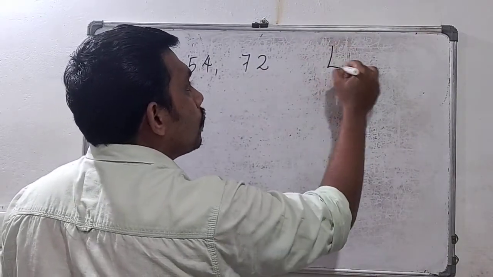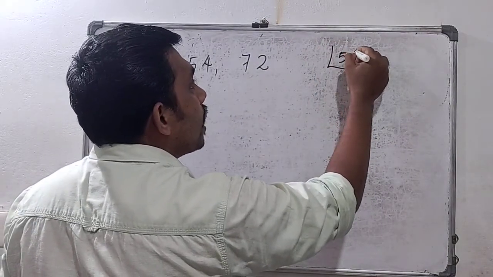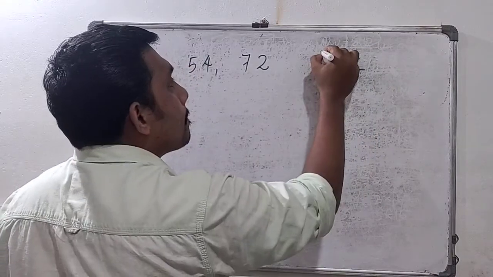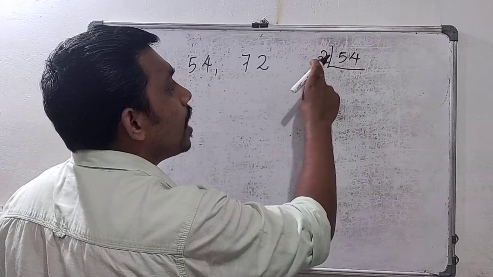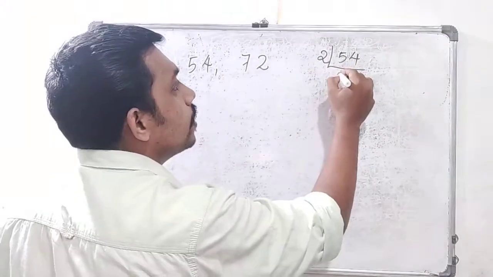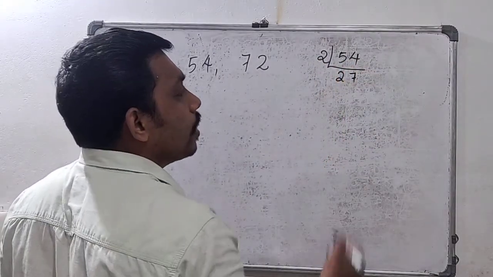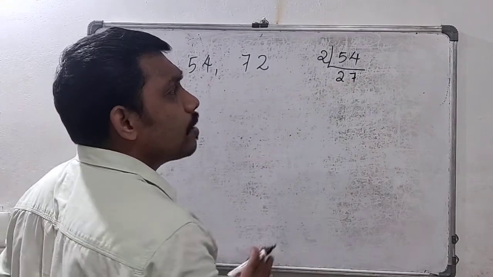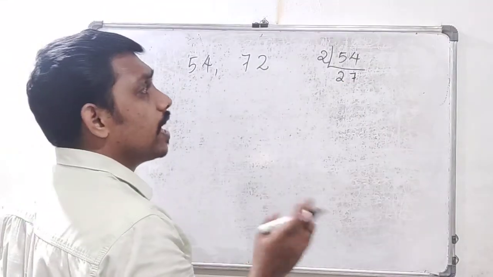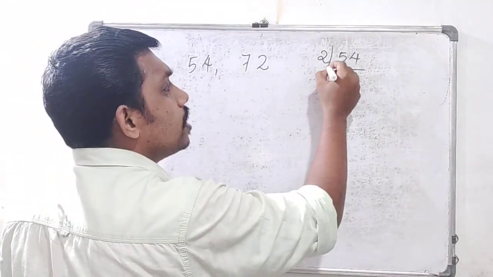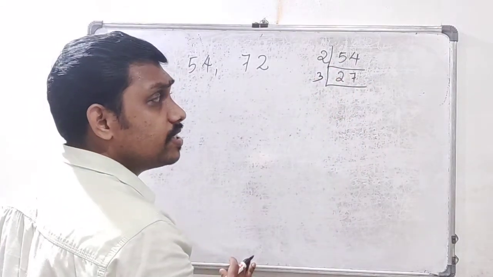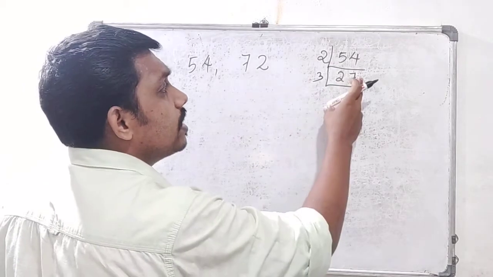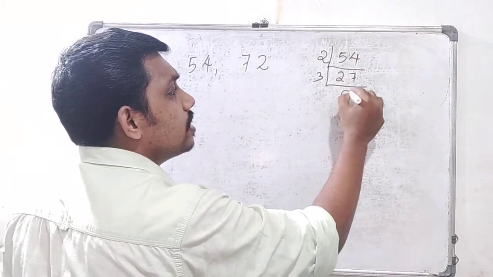So first we have to factorize 54. The first prime number is 2. When we divide 54 by 2, we get the quotient 27. Again, can 27 be divided by 2? No, 27 cannot be divided by 2. So we use the next prime number, that is 3. Dividing 27 by 3, the answer is 9.